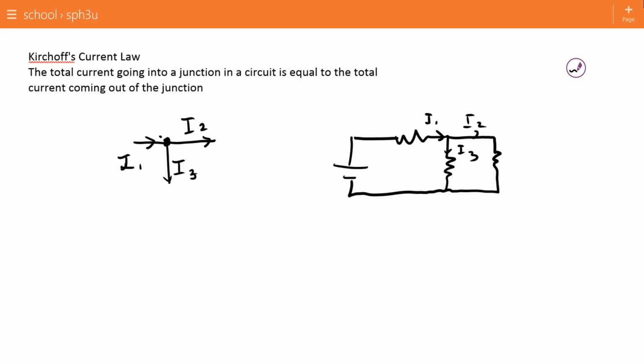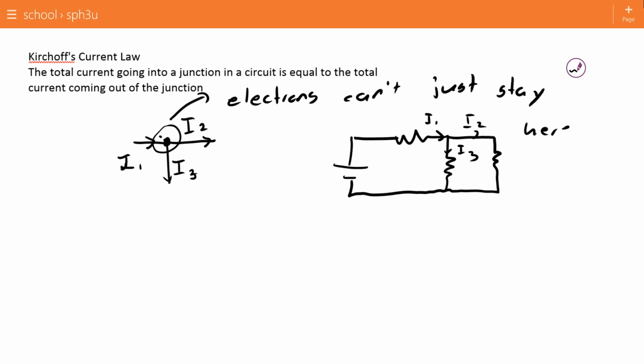Basically what we're saying is that electrons can't just build up or hang out in one spot. So the total amount in is equal to the total amount out. In this case, I1 equals I2 plus I3.